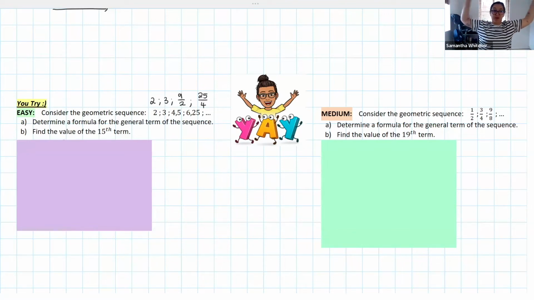We don't do a lot of brain breaks in grade 12, unfortunately. So do take time to move, make sure you're happy.